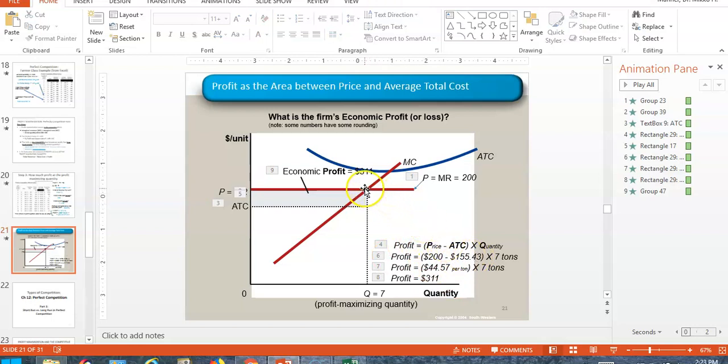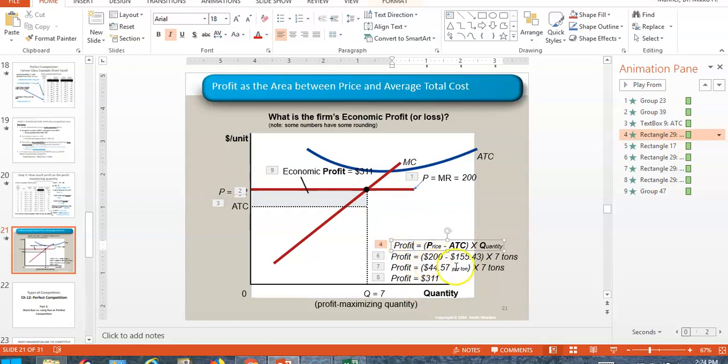So we would still maximize profit, if we're going to keep producing, at a quantity of 7, where marginal revenue equals marginal cost. But what would be true of that amount of profit? This calculation is no longer accurate, because the cost is higher now.